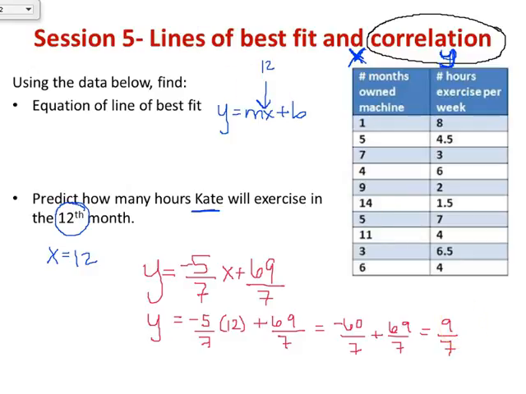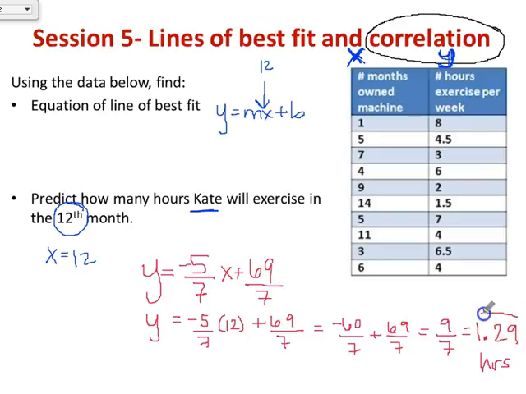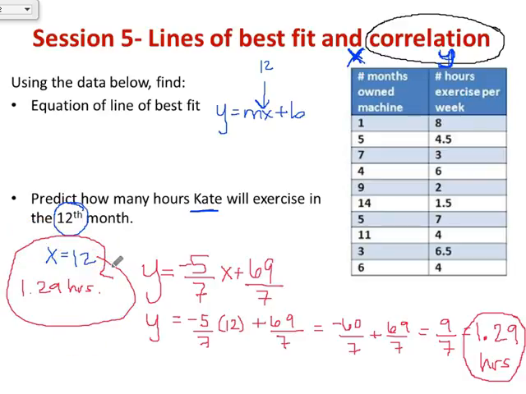And if I wanted that in a decimal, I would take 9 and divide it by 7, and I'm going to round to 2 decimal places, I would get 1.29. So we could expect her to be exercising 1.29 hours in that 12th month. So that's what's cool about a line of best fit, is that we can use the information to predict future information.